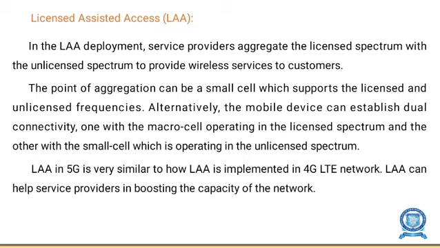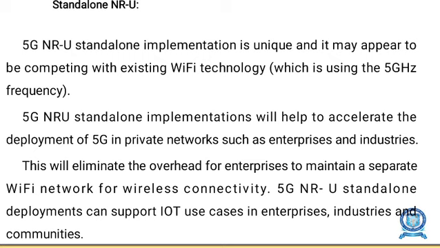Alternately, a mobile device can establish dual connectivity: one to a macro cell operating in the licensed spectrum and another to a small cell operating in the unlicensed spectrum. LAA in 5G is similar to LAA implemented in 4G LTE. LAA helps service providers boost the capacity of the network.